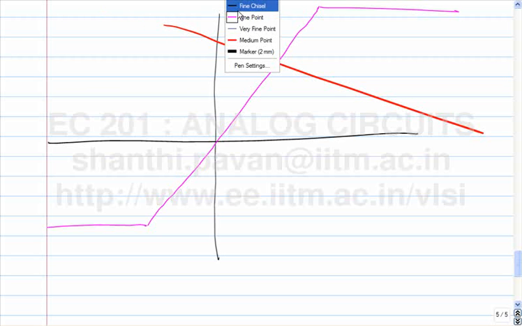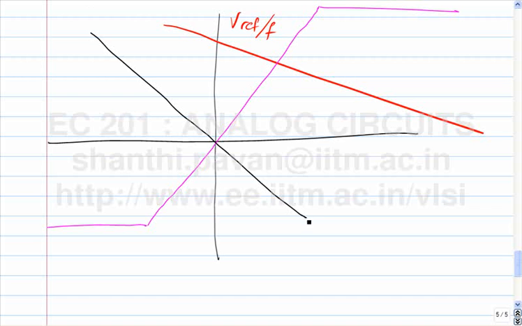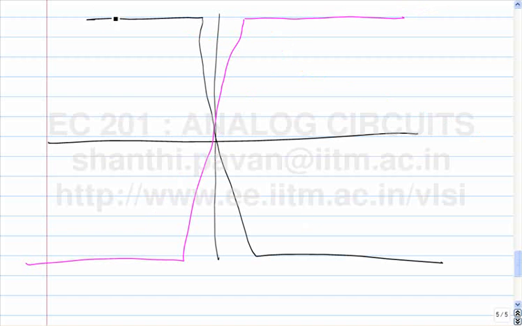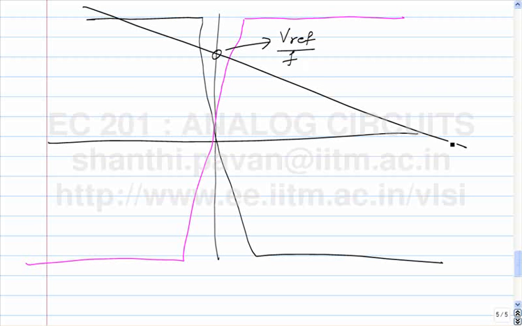You have a situation where you have something like this, and this is the line, V ref by F. The slope of this line is minus 1 by F. For negative feedback, this was the solution to the two equations. Okay? Does everybody follow? So for positive feedback, by the same token, what are the solutions?